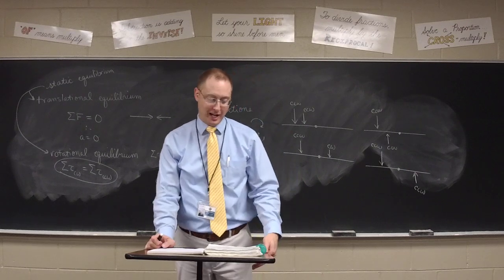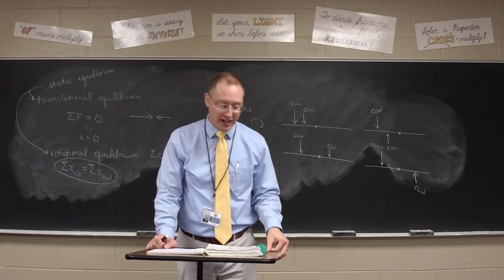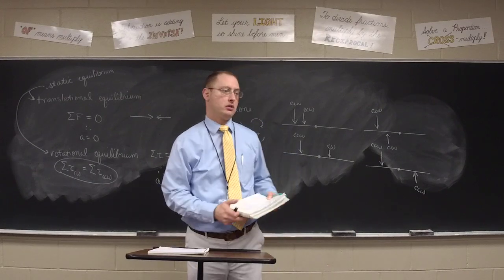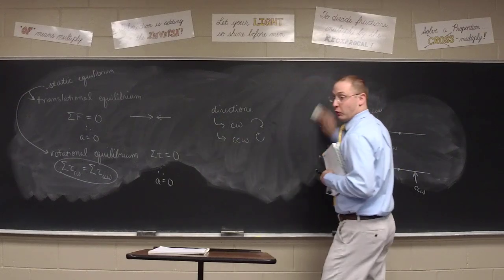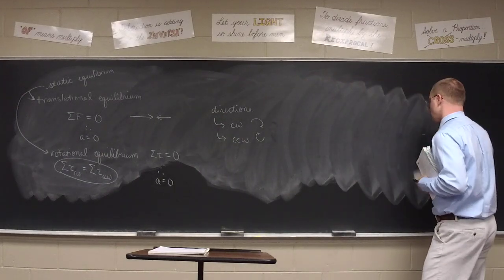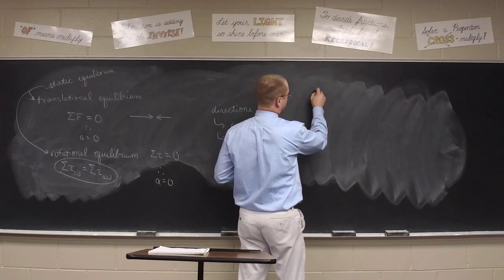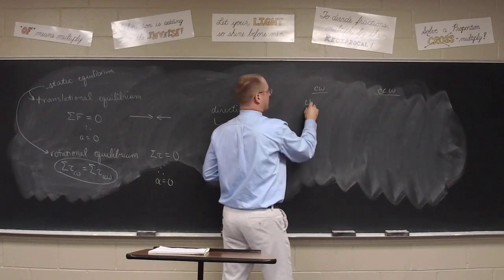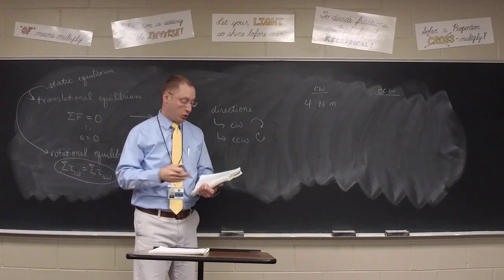What is the total radius of the 4 Newton force? 1 meter. So what is the torque produced by the 4 Newton force? 4 Newton meters, right? 4 newtons times 1 meter is 4 Newton meters. What direction is that first torque? Okay, that first one is clockwise. So we'll say there are 4 clockwise Newton meters from the first torque.